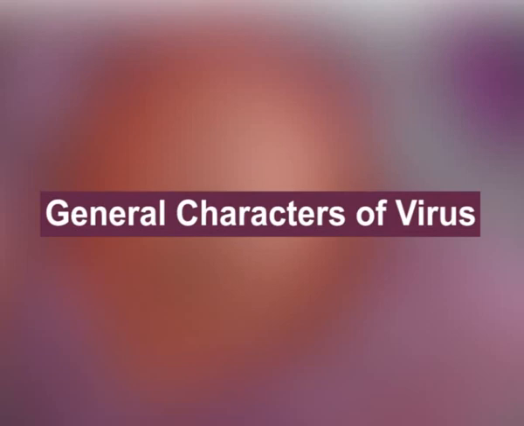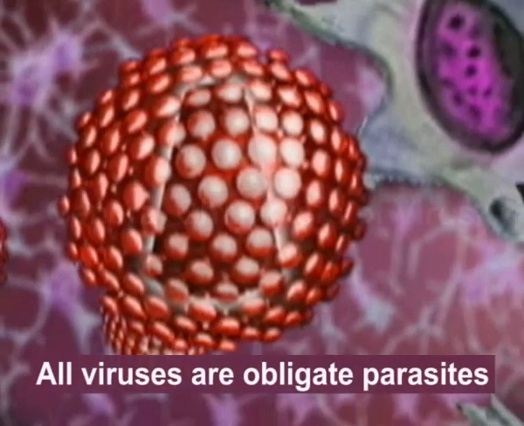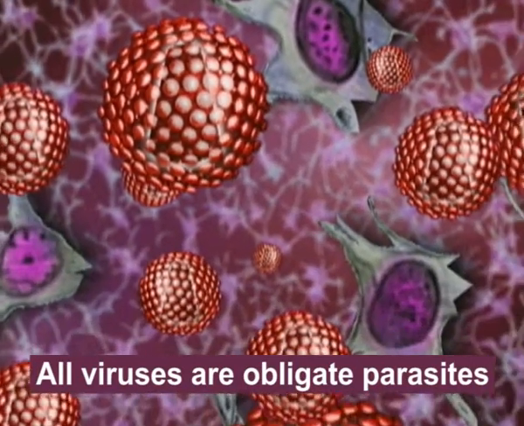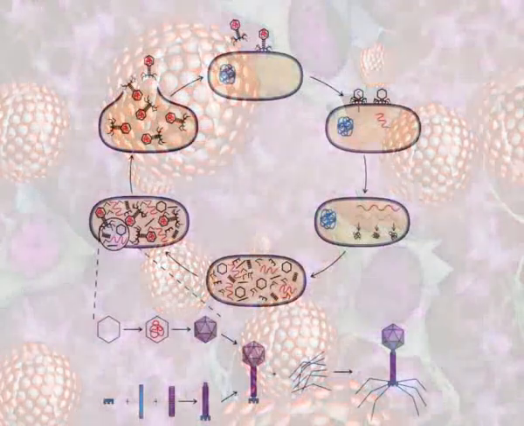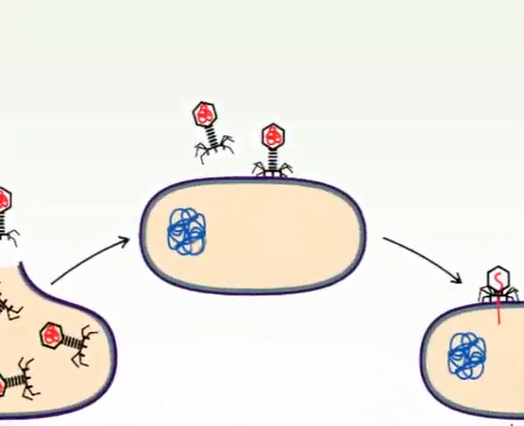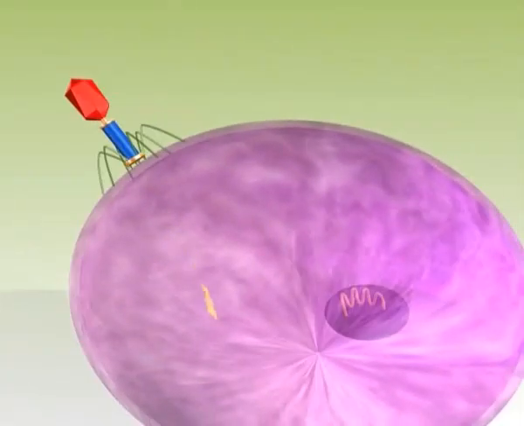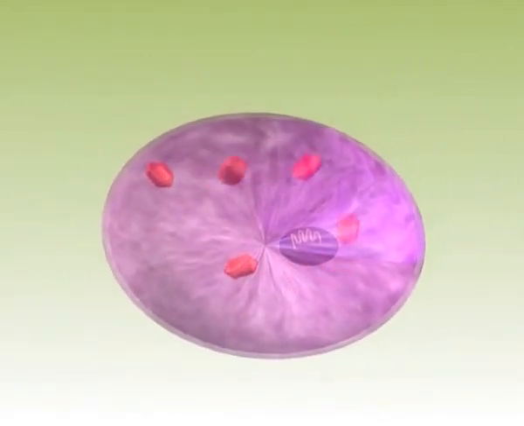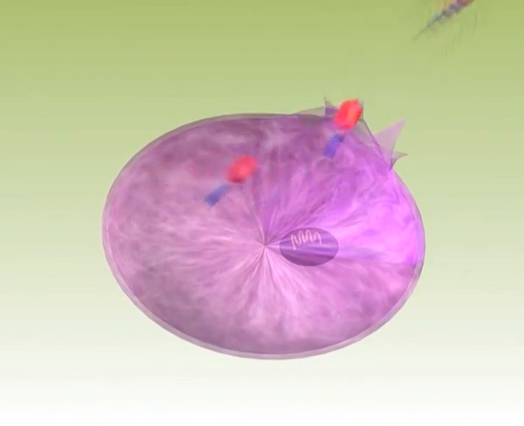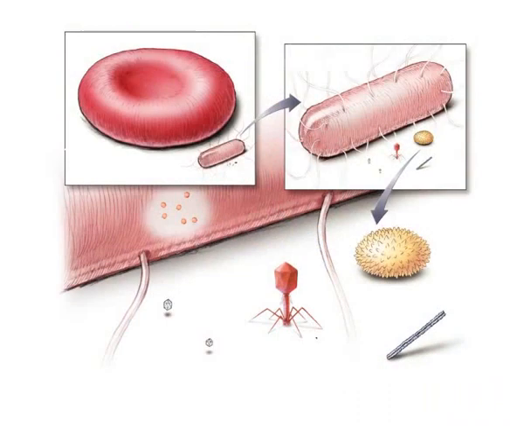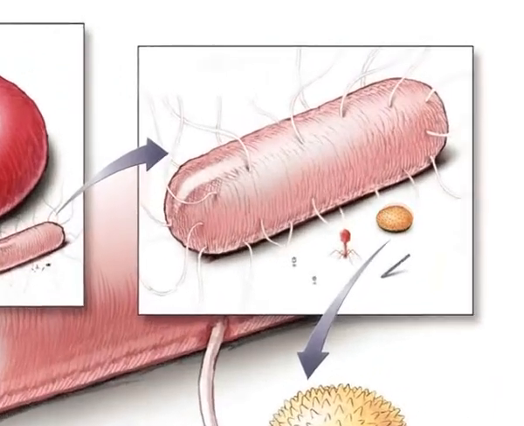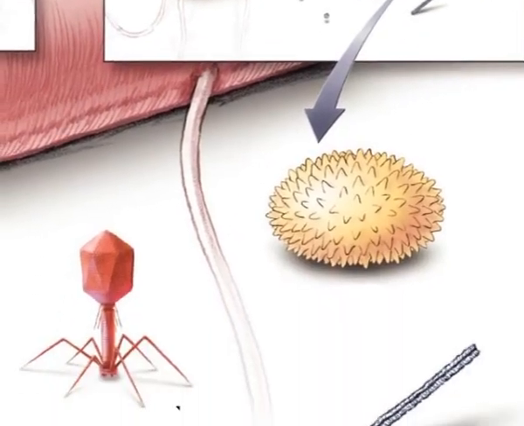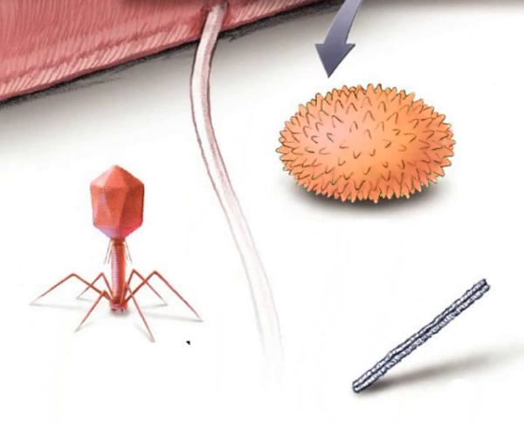General characters of virus. All viruses are obligate parasites. They multiply only within living host cells and remain metabolically inert outside the host cell. They are ultramicroscopic and can only be viewed with an electron microscope.